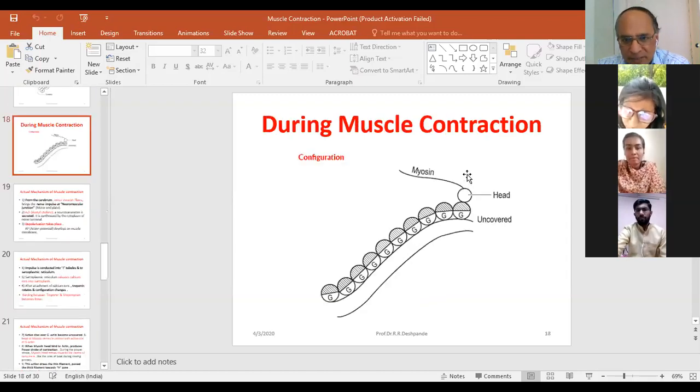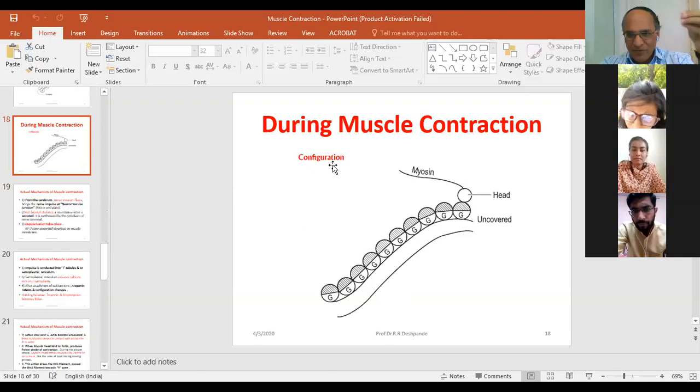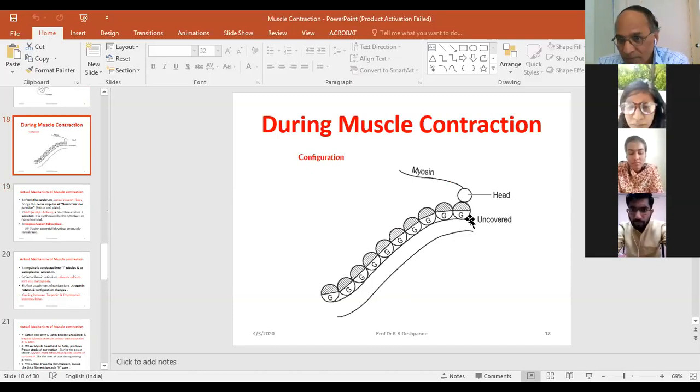See, this head of the hockey stick, this is the configuration. What is meant by configuration? Actin and myosin together, for muscle contraction. So this is the head, don't forget it. And now, the actin molecule, before it was closed, now it is uncovered.